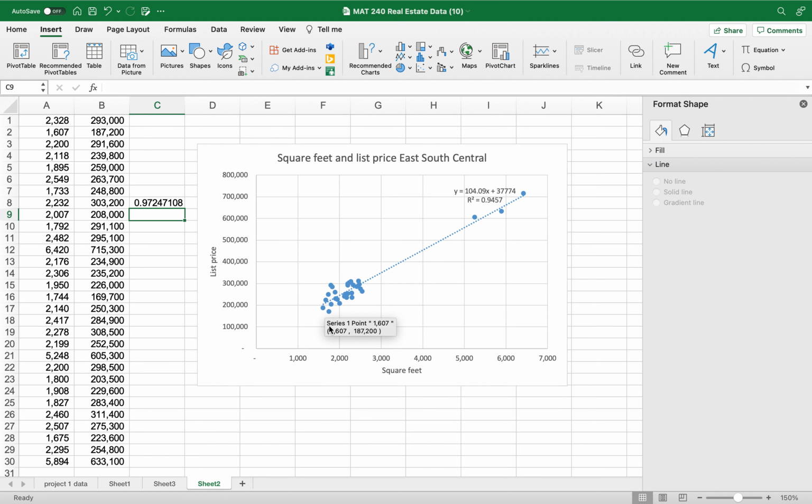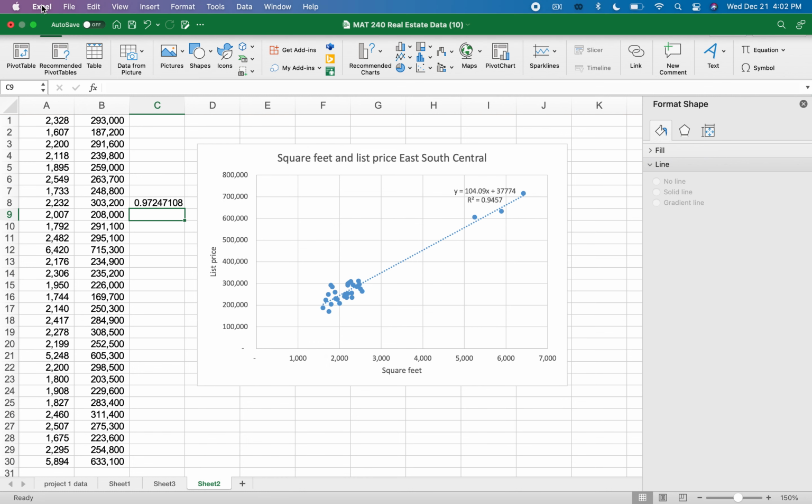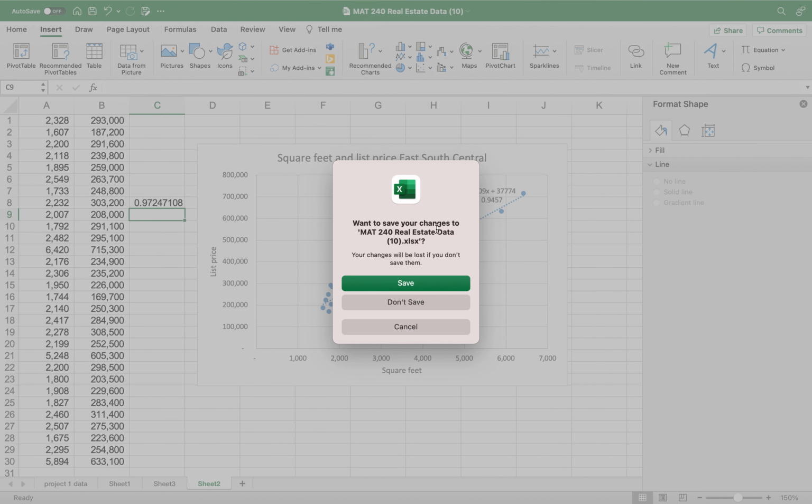We can really only interpret our values from what is here in our graph. So let's look at my lowest square feet, which is 1607. My biggest square feet is 6420. We don't have any houses without that actual land, so we really can't interpret the value of just the land.